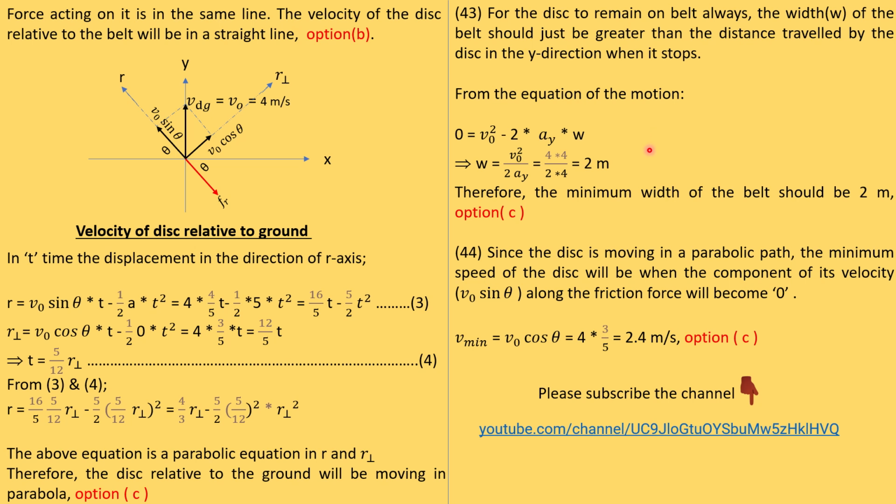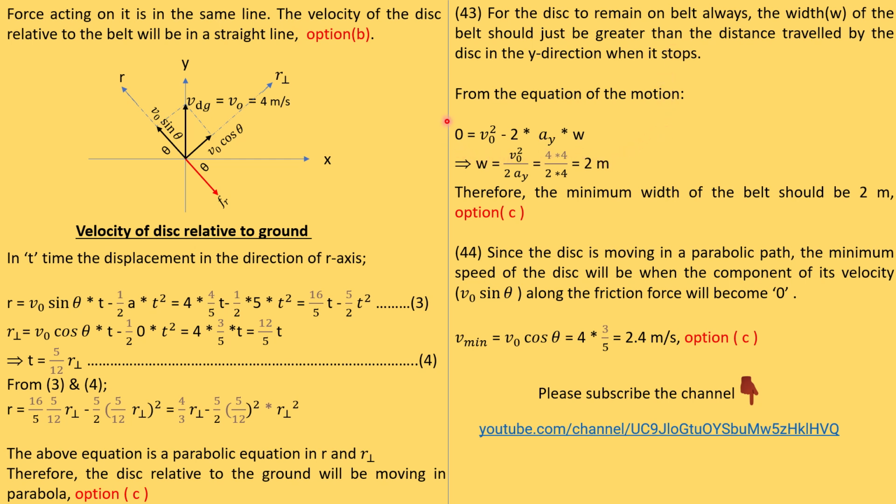So the width of the belt should be such that it is just equal to the distance traveled by the disk when it comes to a stop in that direction, perpendicular to the belt.